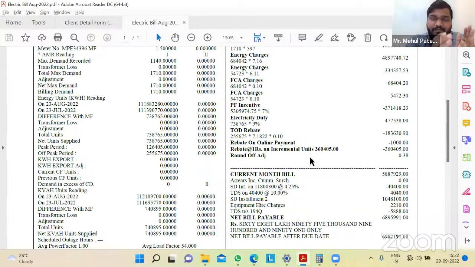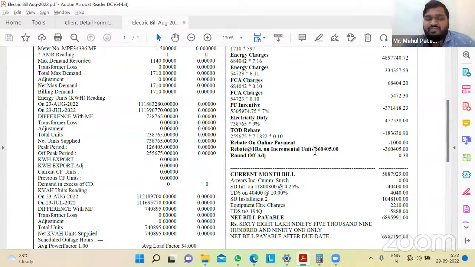For example, they take the last 36 months total unit consumption, take an average of it, and that monthly average they will set as the threshold. When your consumption for this particular month goes beyond the threshold, they give you 1 rupee per unit as a rebate. So this is a very good policy that they have given.